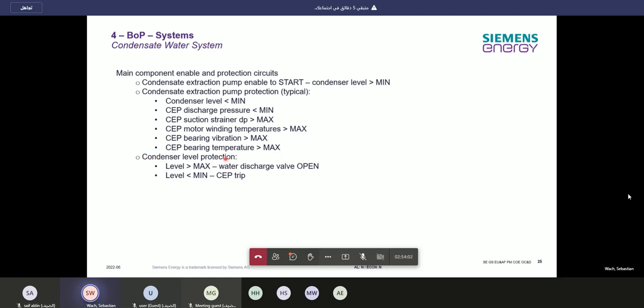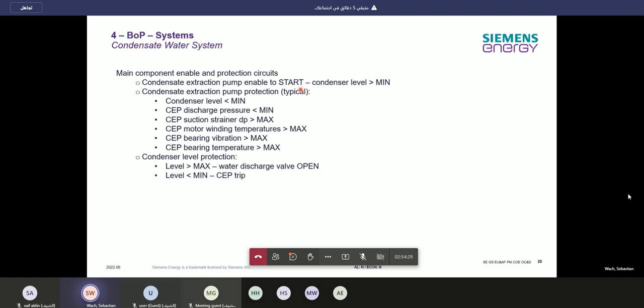Then we have condenser level protection, of course, level too high, also higher than max. Discharge valve open, either on the drum, drain lines, wherever it is. You want to get water out of the system. And when the level is too low, so that's again condenser level min, the condensate extraction pumps normally trip.